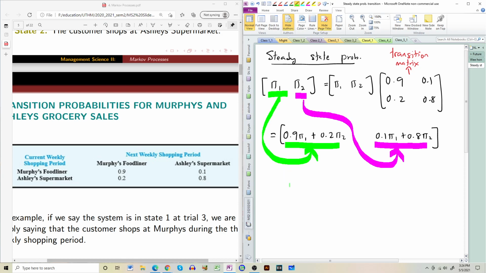Now take out these numbers or symbols, whatever, and write it as an equation. Pi 1 equals 0.9 pi 1 plus 0.2 pi 2.